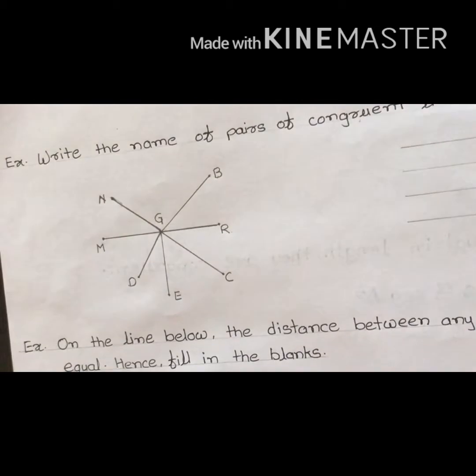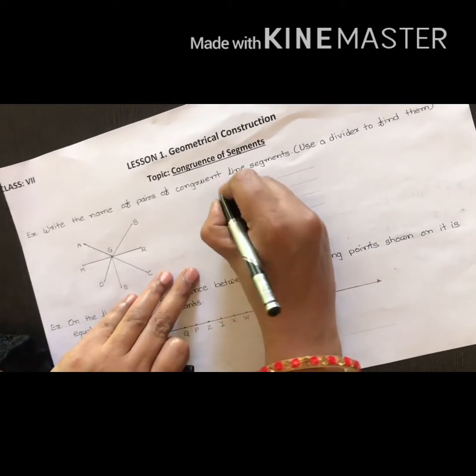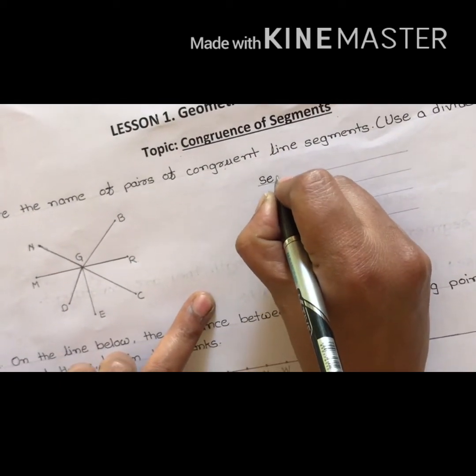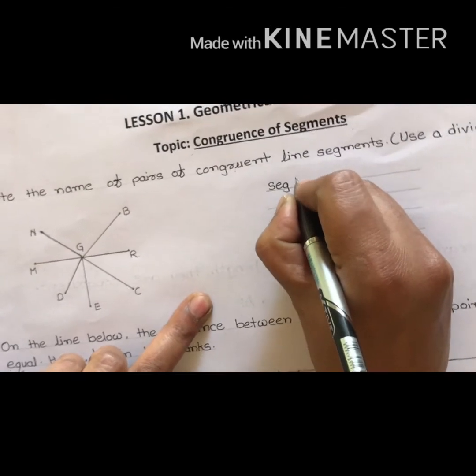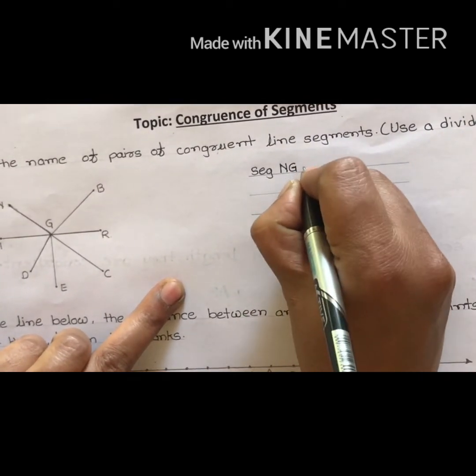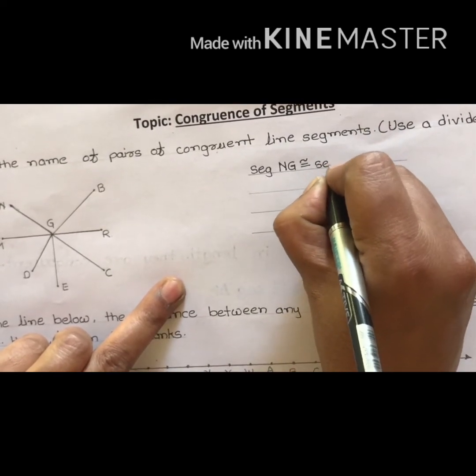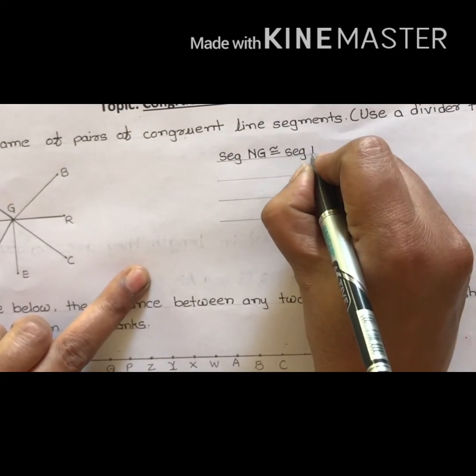So, they are congruent. So, we can write segment NG congruent segment MG.